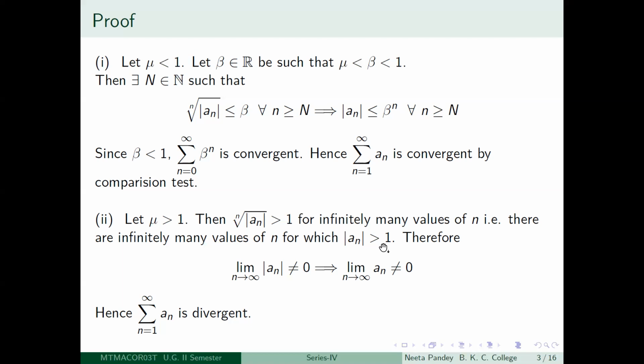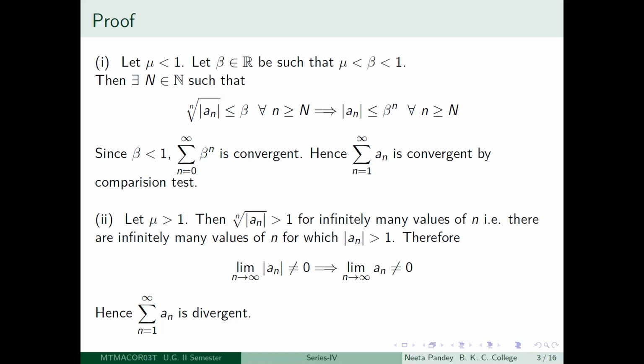Because at least one cluster point will be greater than or equal to 1. I hope I have made myself clear. So therefore, since infinitely many values of n are such that mod an is greater than 1, you will be getting at least one subsequence of mod an, all of whose terms are greater than 1.